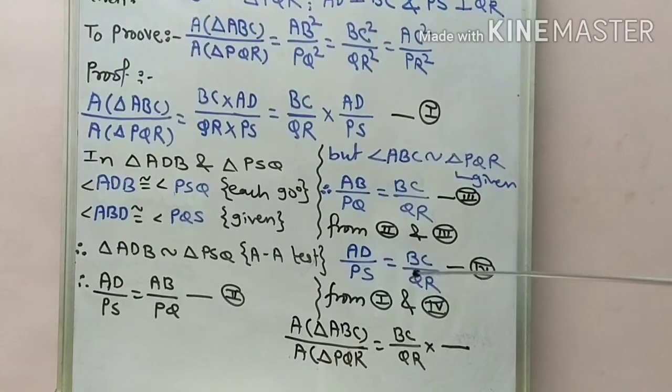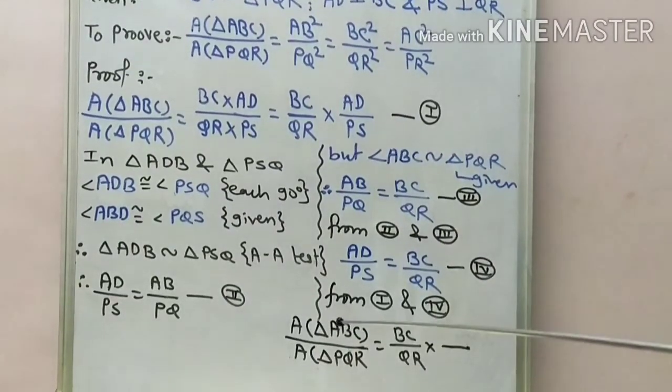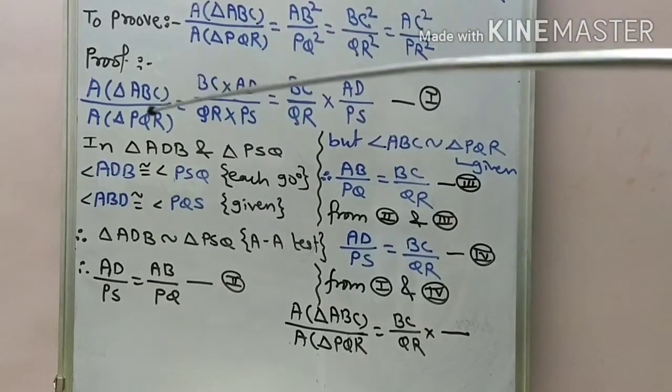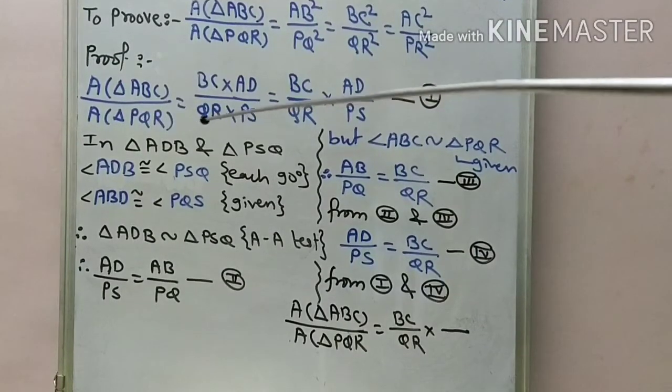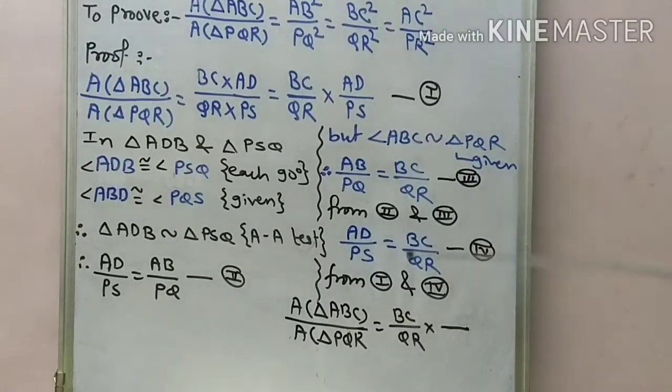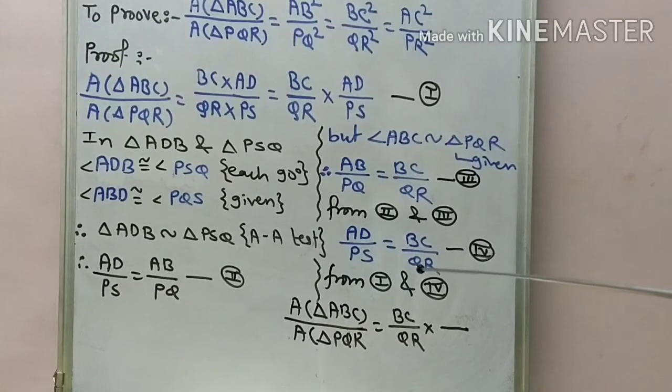So we replace it. From 1 and 4 we can write the first statement: area of triangle ABC upon area of triangle PQR equals BC upon QR, the first ratio as it is, and now we change AD upon PS to BC upon QR, and simplify.